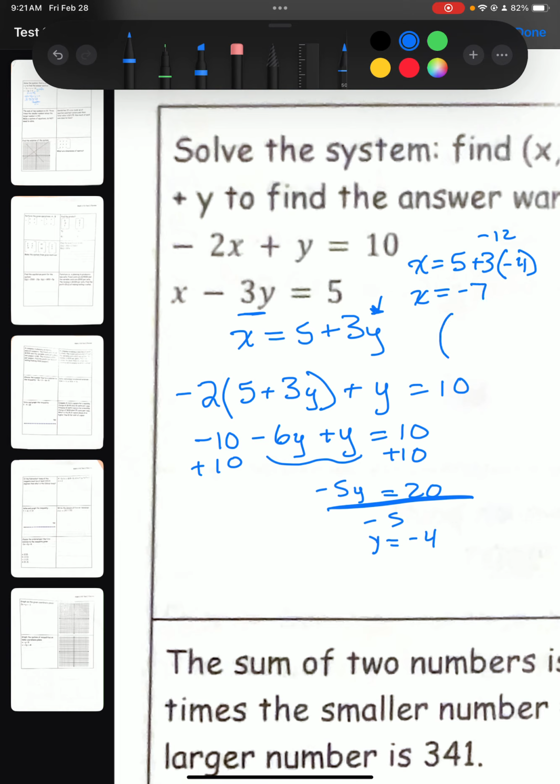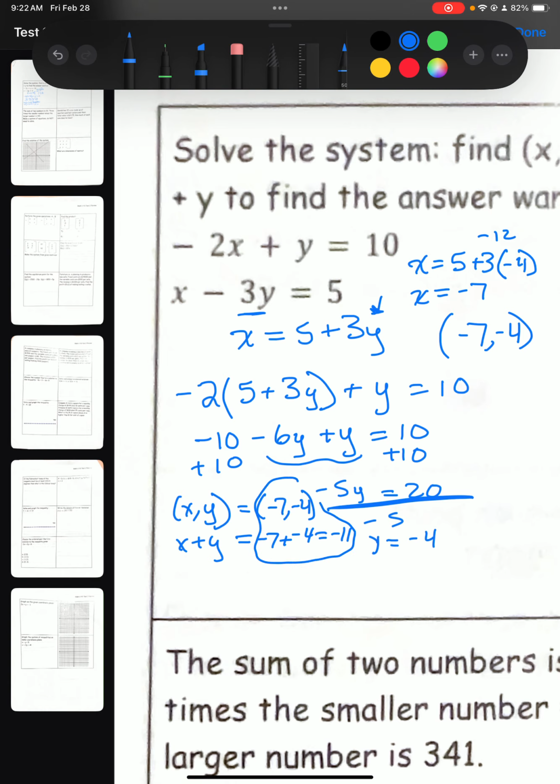So you'll get an answer of negative 7, negative 4. Then they're wanting you to add these, right? So they want x plus y. So we know negative 7, negative 4, and now let's do our x plus y. We have negative 7 plus negative 4 equals negative 11. So this is where we get our answer for that first problem.